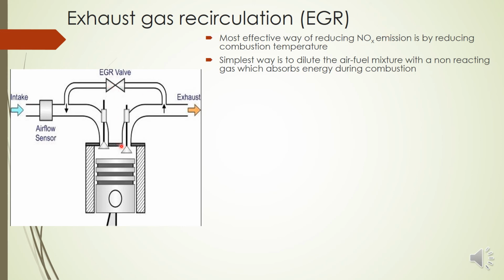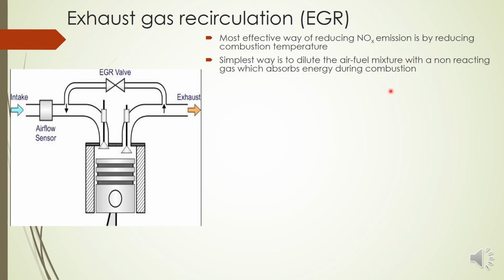So what is the possible non-reacting gas available in the engine? No other gas we can use, because storage will be a problem. For example, we could use helium or argon, but all that would increase the cost and storage. The only possible non-reacting gas is the exhaust itself. The exhaust will not be burned again, because it is already burned gas.